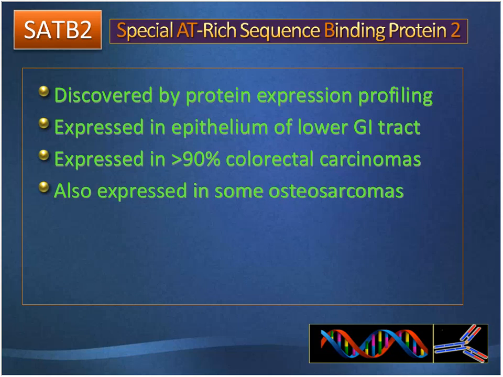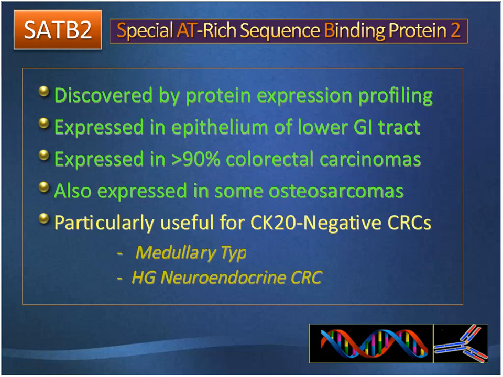Unrelated, but interestingly, it is also expressed in a number of osteosarcomas. As you know, osteosarcomas normally don't have too many markers so far, but this is going to be useful for us. A particular use of SATB2 is in those rare cases of colorectal carcinoma which are negative for CK20 or sometimes even for CDX2.